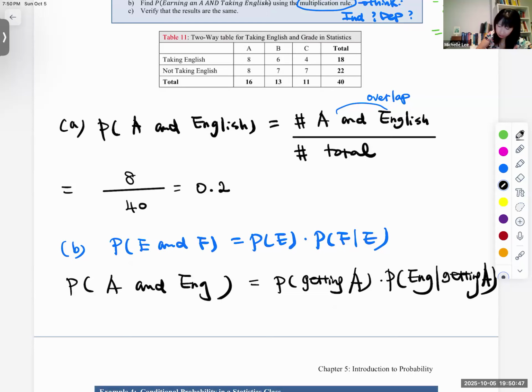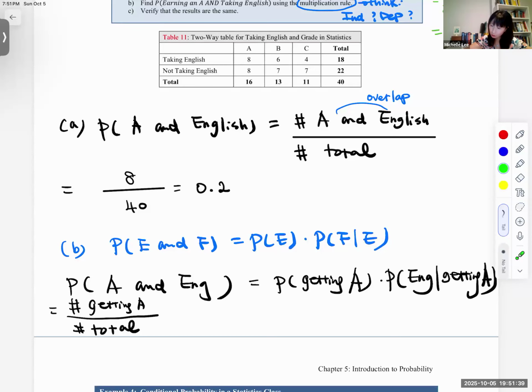Okay, now there will be the number of getting A over the number of total. Okay, we have to think about this one, right? So this one, what we just did, the conditional probability earlier, right? So the getting A will be in the bottom, right?